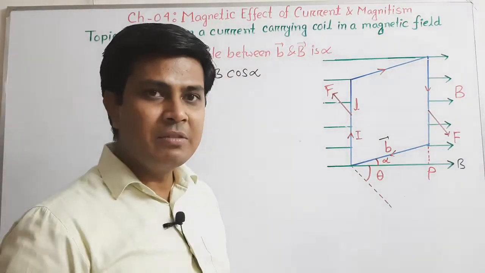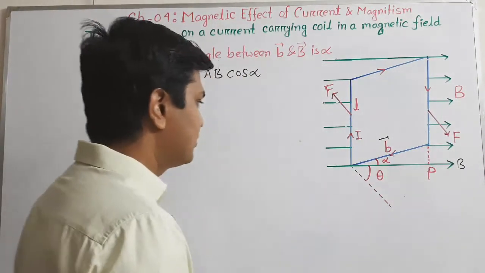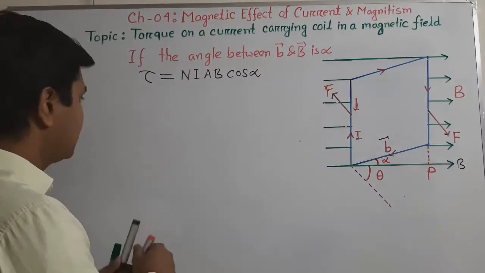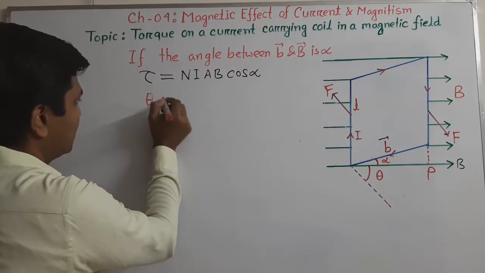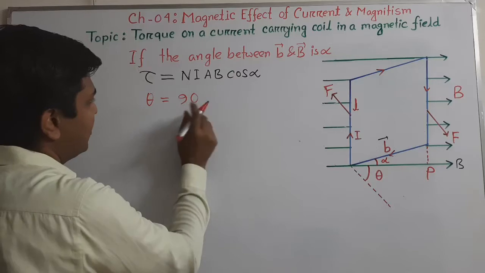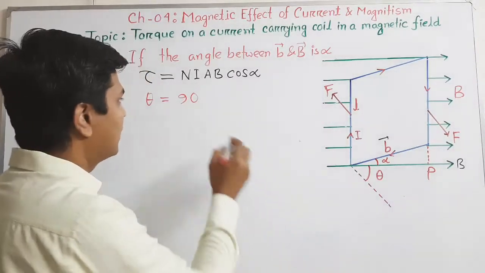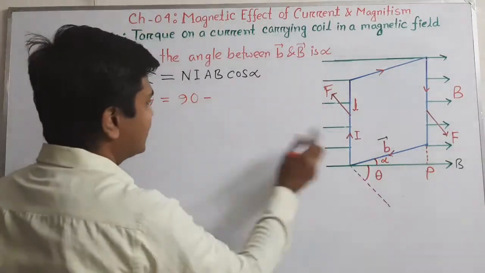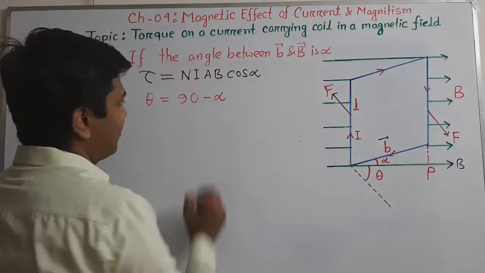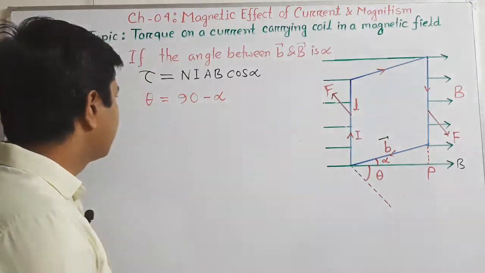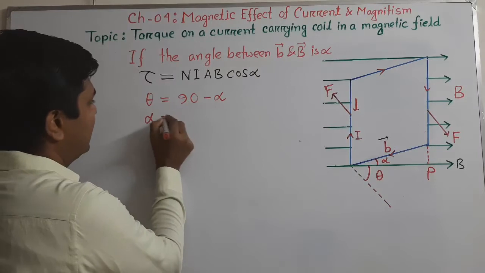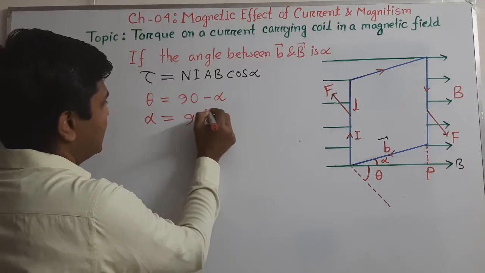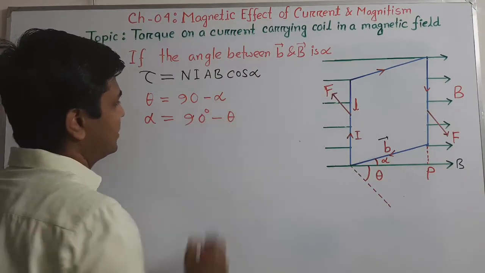So what will be the value of theta? We can write theta equals 90 degrees minus alpha, because it's a normal. That is why alpha equals 90 degrees minus theta.